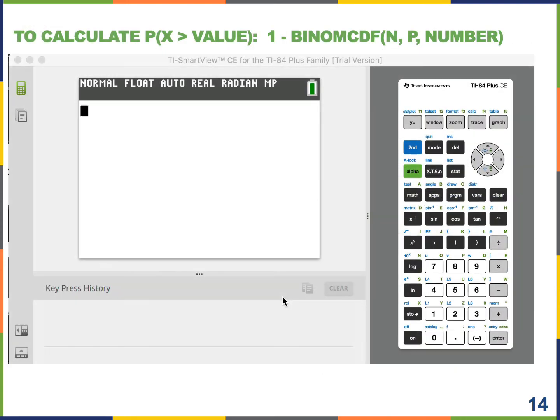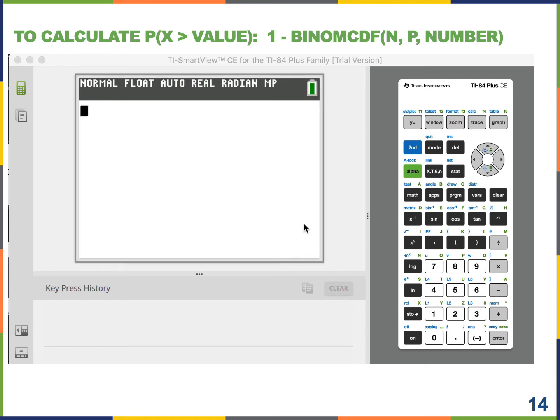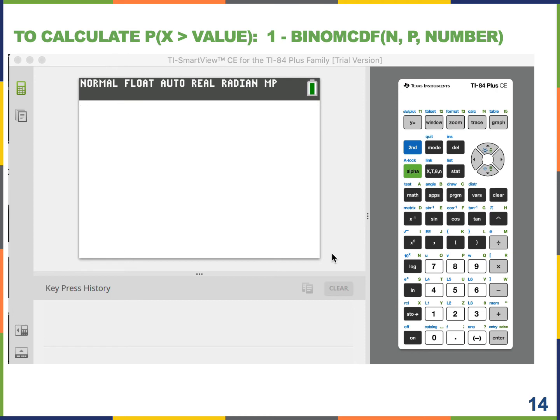Now for the fun case, what if we wanted to find strictly greater than? So P of x strictly greater than 12. Notice that it's just greater than, it's not greater than or equal to. Let's use the following logic. Strictly greater than 12 is the complement of x less than or equal to 12, right? So it just means everything that's greater than 12. So we're actually going to do the complement.